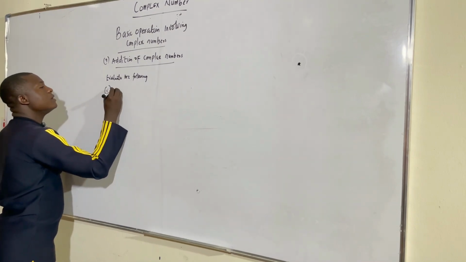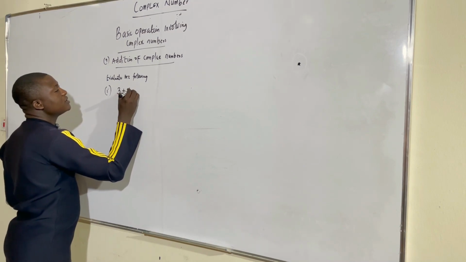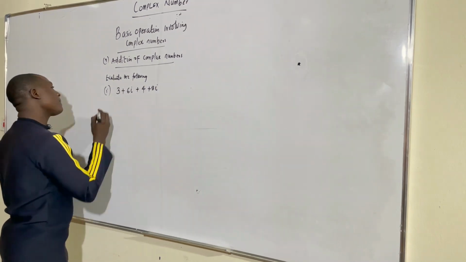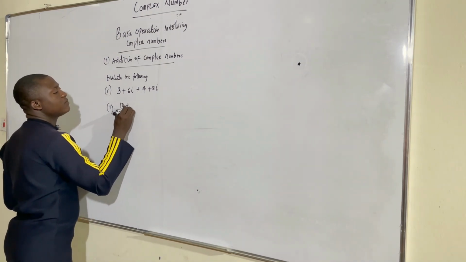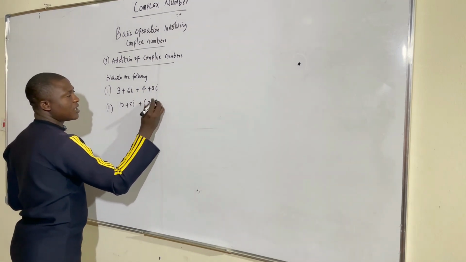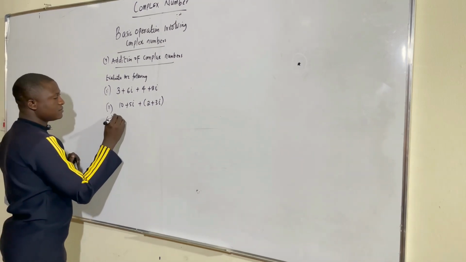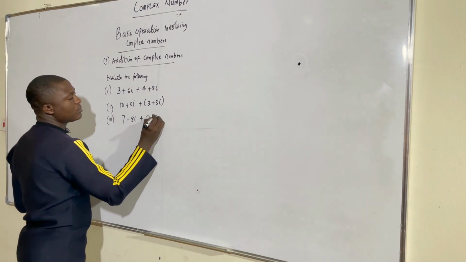The first one, maybe I have 3 plus 6i plus 4 plus 8i. Second one, let's say we have 10 plus 5i plus 2 plus 3i. Let's say the third one, we have 7 minus 8i plus 2 plus 5i.